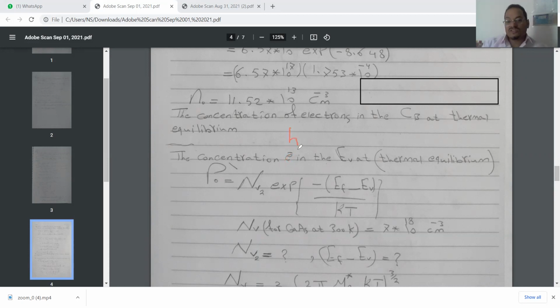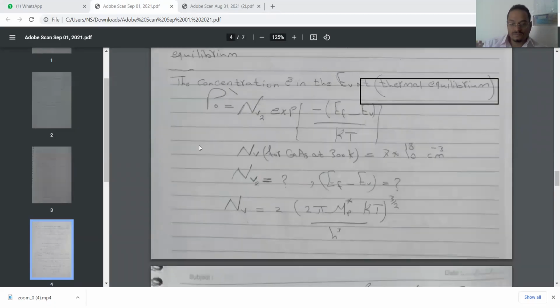The concentration of holes in the valence band at thermal equilibrium, P naught dash, the new concentration of holes at the valence band, equals NV2, the effective density at room temperature, times exponential of minus the difference between the Fermi level and the valence band, divided by KT.